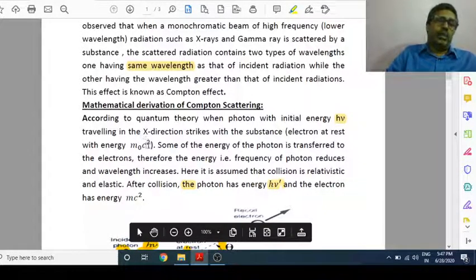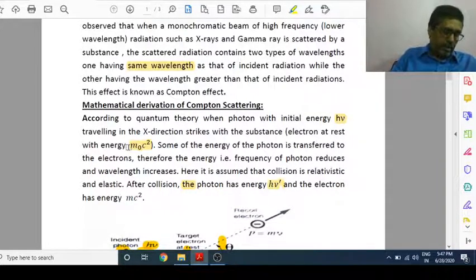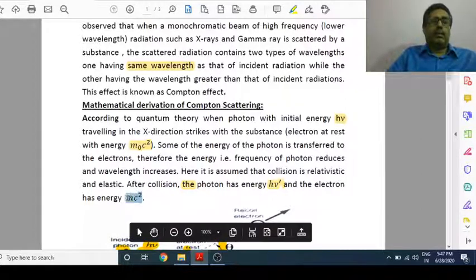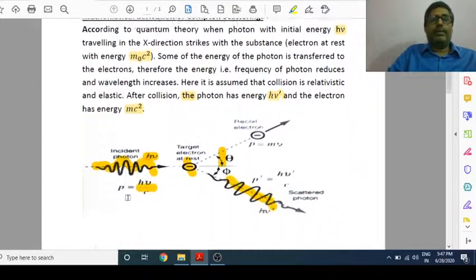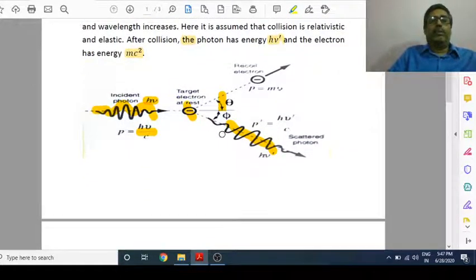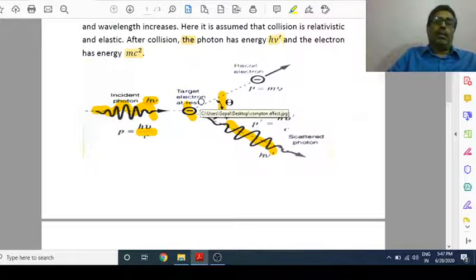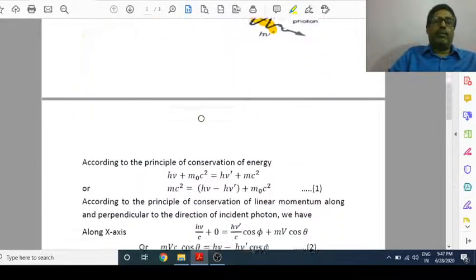Energy of the electron at rest is m0 c square, and after its collision it is mc square. Now, the total energy before collision must be equal to the total energy after collision. That is what I have written here.